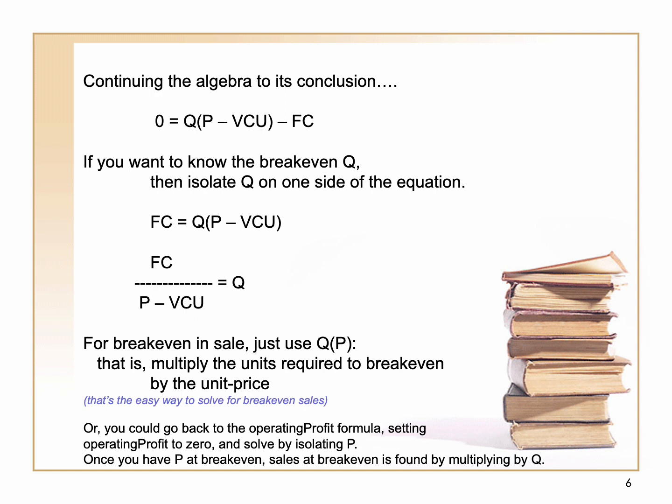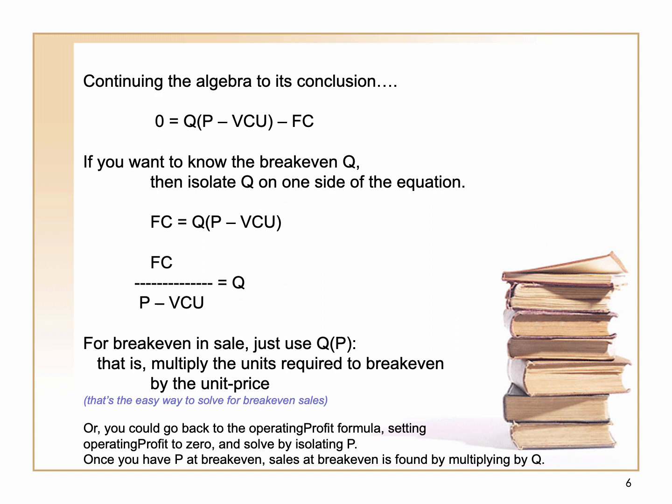Now if I'm interested in break-even in sales, then I can just take quantity times price. That is, multiply the units required to break even by the unit price. And that's pretty easy to do. For me, this is the simplest way to determine the formula for break-even quantity. Calculate that, and then move from there to break-even sales.